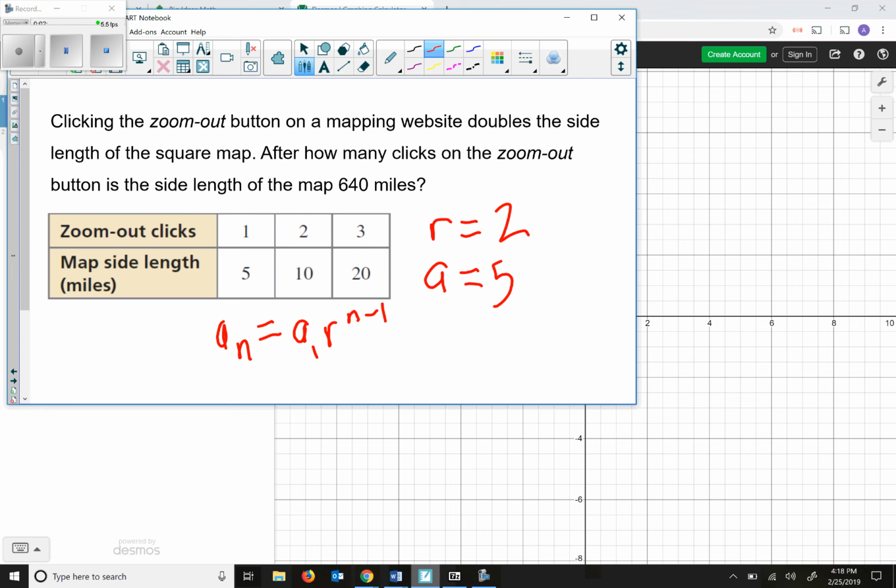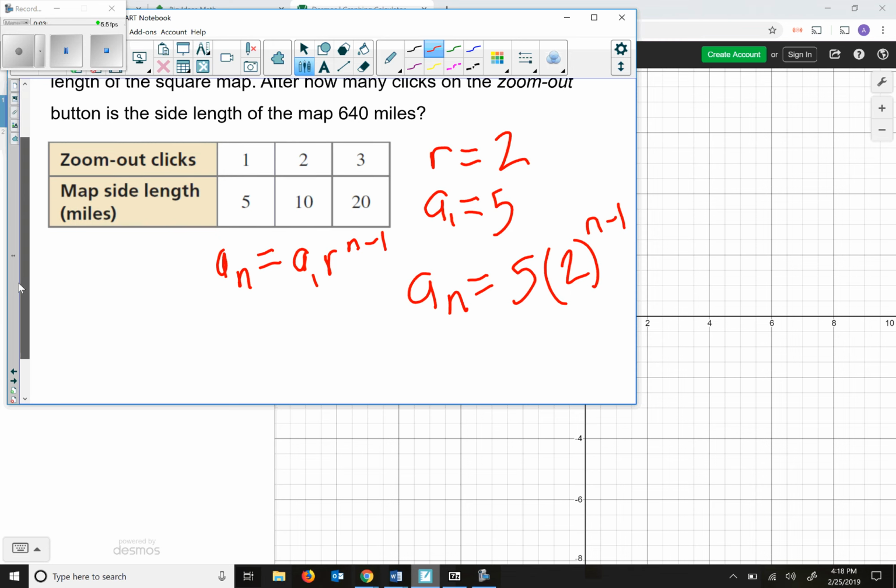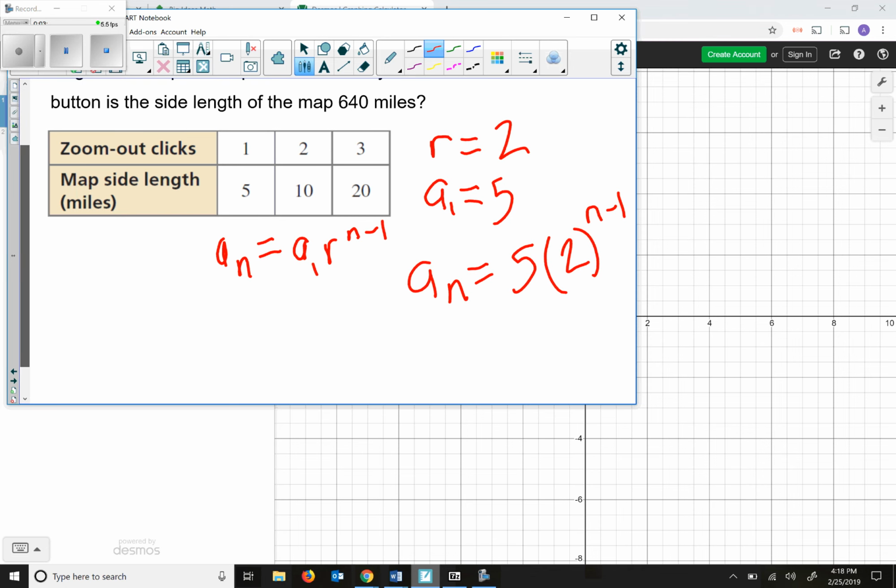So we've got those couple of pieces that we need to help us come up with our equation. So our equation, just really quickly, a sub n equals, a sub 1 is 5, that common ratio is 2, raised to the n minus 1. Now, the only number we haven't dealt with is the 640 miles up here.